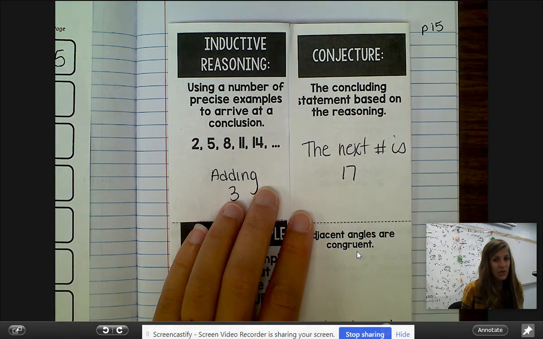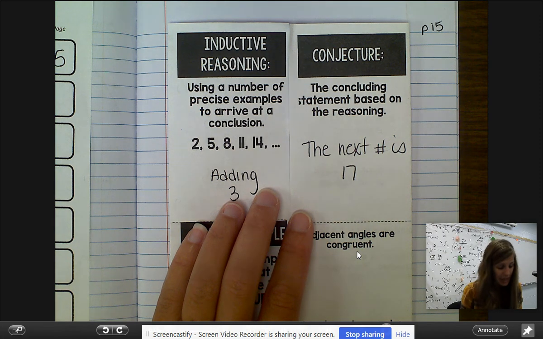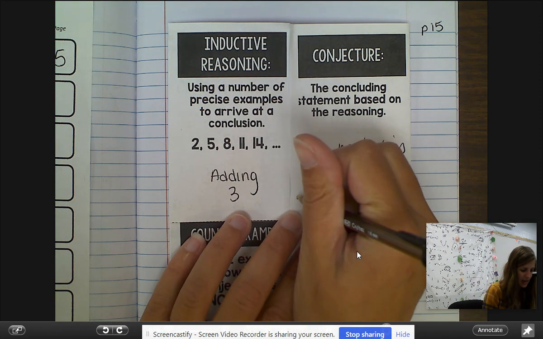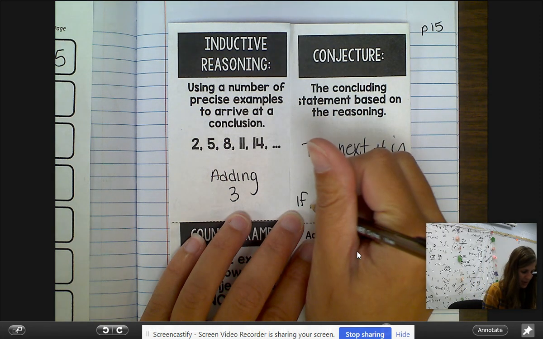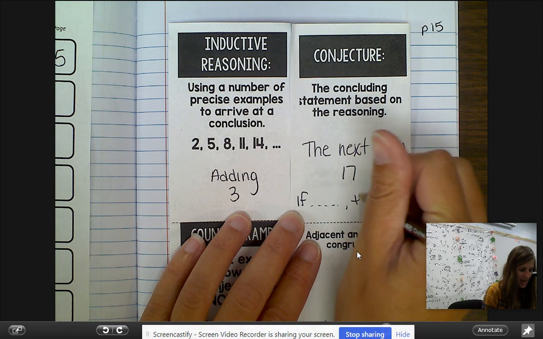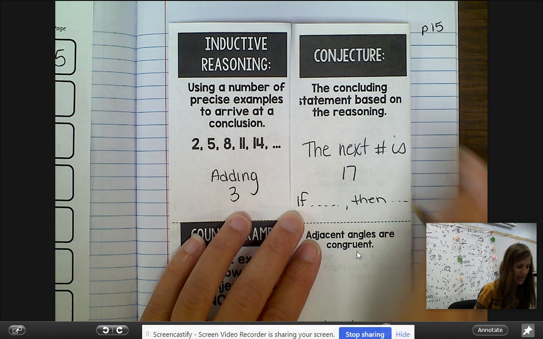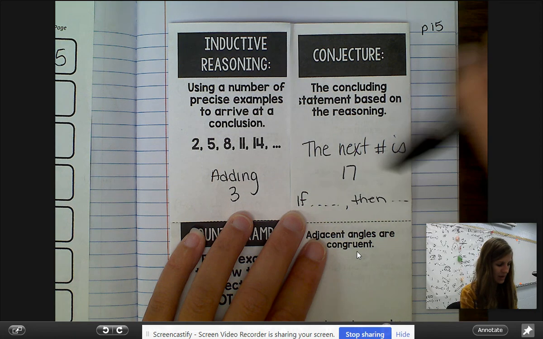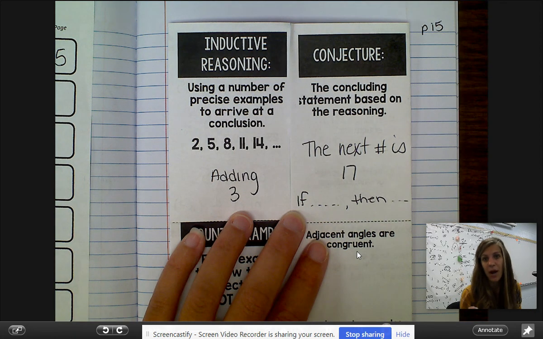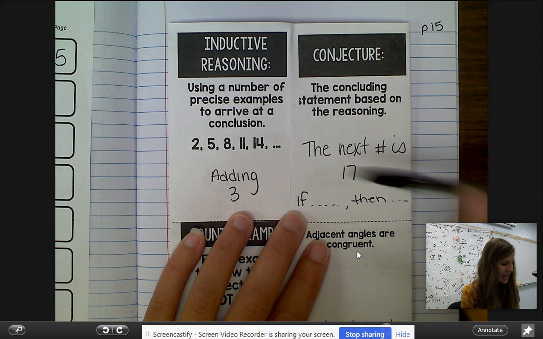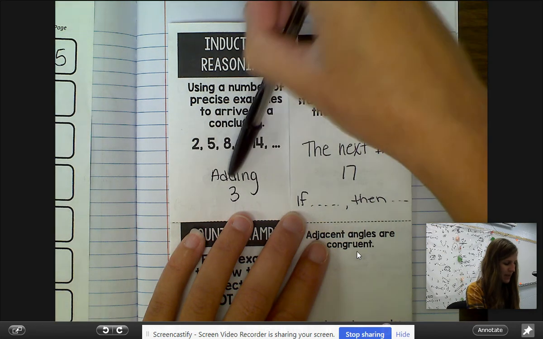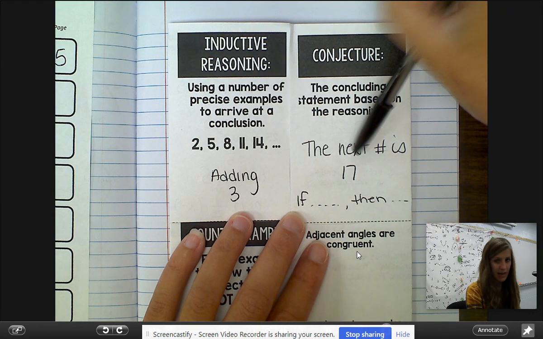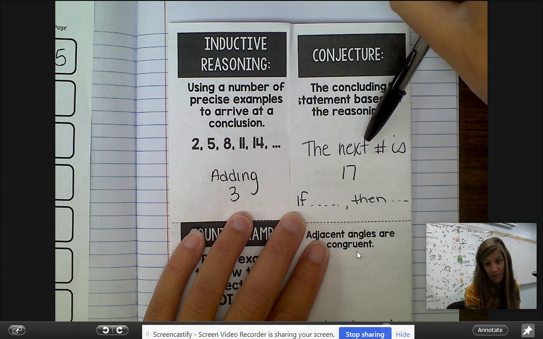So to write a conjecture appropriately, usually you want, if I add 3 every time, then the next number will be 17. So if, then is the proper way to write a conjecture, where if this thing continues to happen, then this thing will be the conclusion of that.